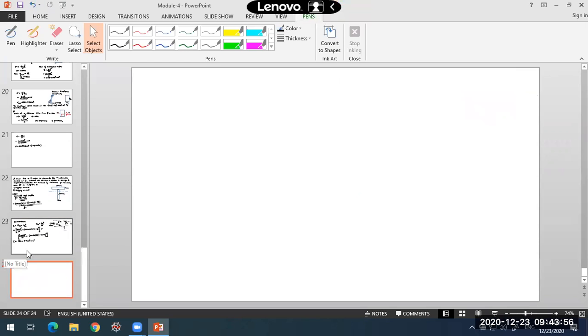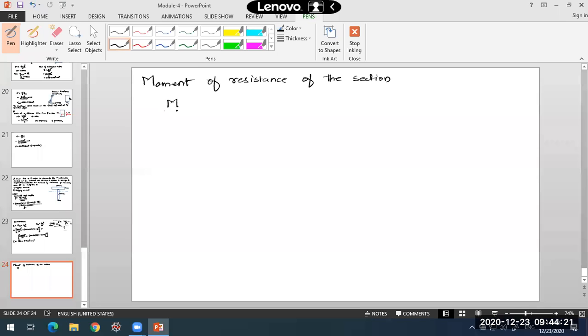Now the next thing is to determine the moment of resistance. We are asked to find the moment of resistance here, so we'll go ahead with that. The moment of resistance of the section: how do I find that?